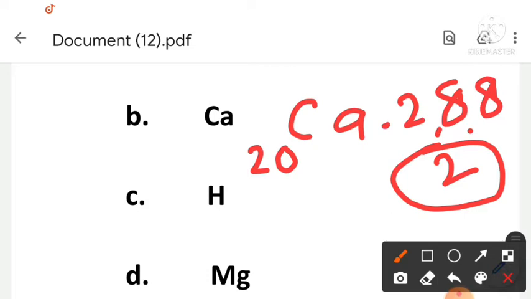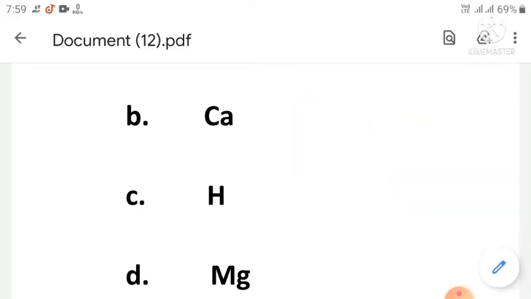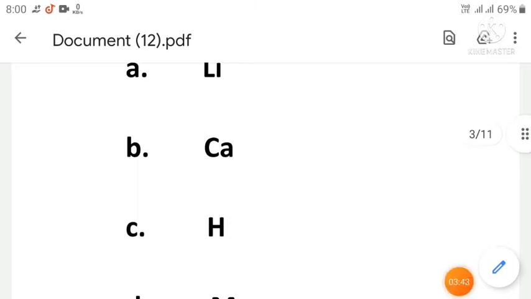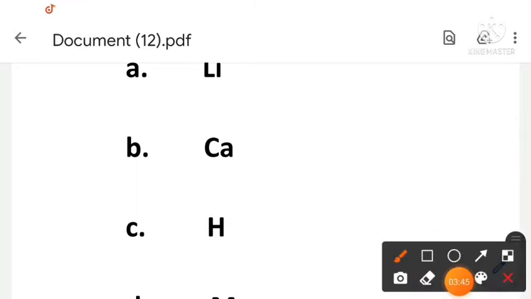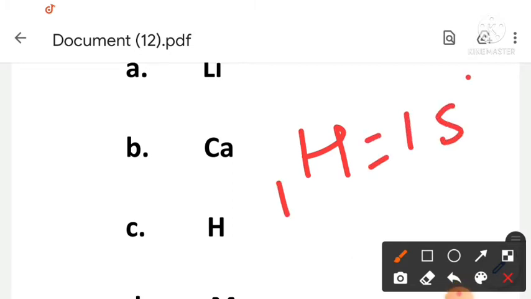Now in hydrogen, we see Z of hydrogen is 1, so 1s1.